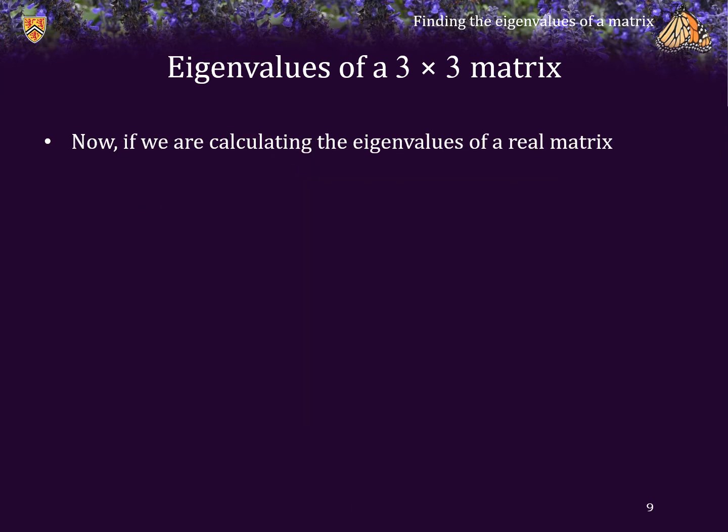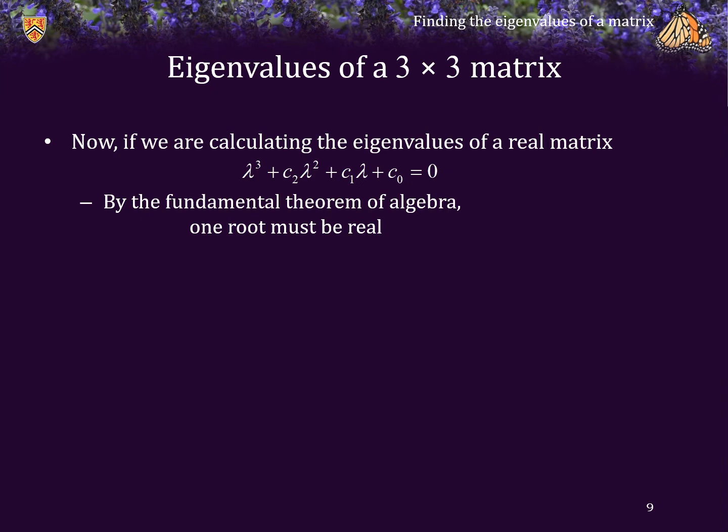Now, if we're calculating the eigenvalues of a real matrix that is invertible, well, this is the characteristic polynomial, but all the coefficients are real. Therefore, by the fundamental theorem of algebra, at least one of the three roots must be real.